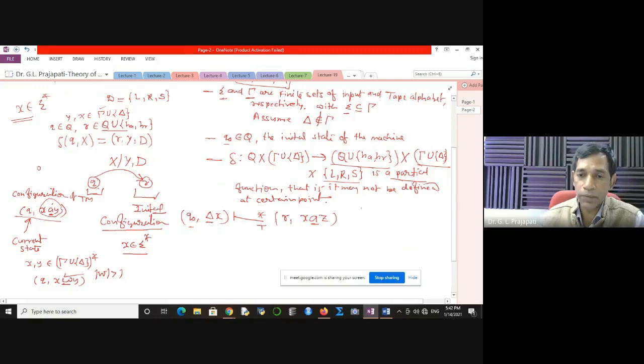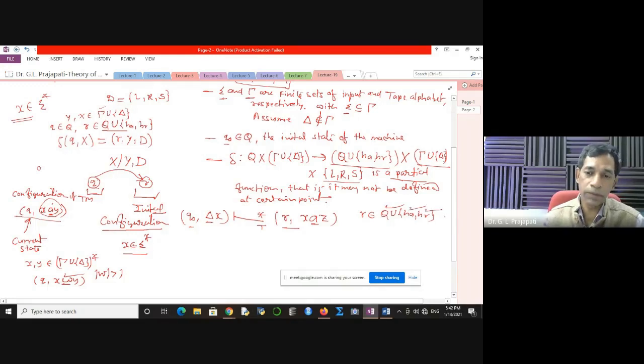Here r can be any one element of Q, or r can be either ha or hr. Starting from the initial configuration, there is a way for your machine to reach this configuration.